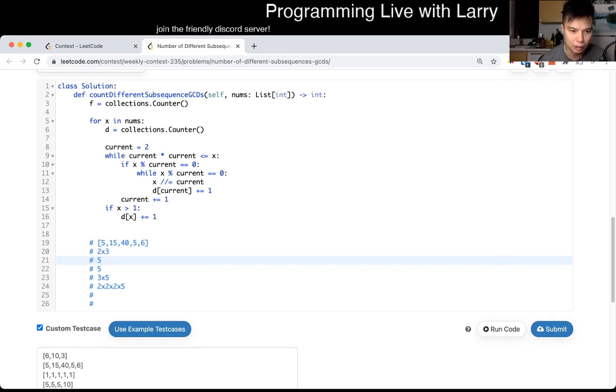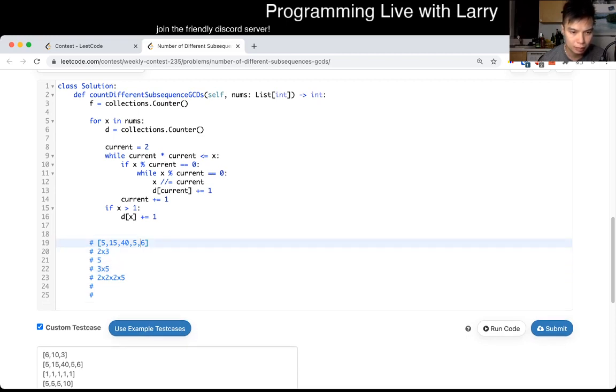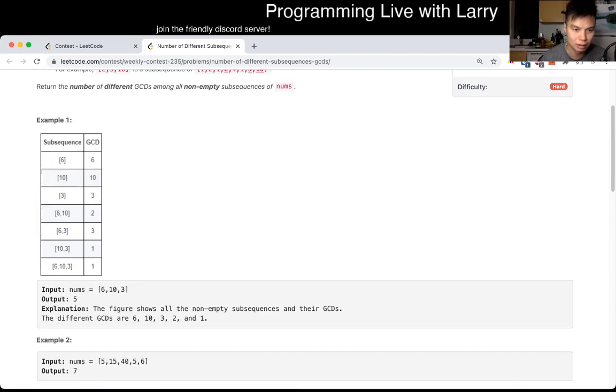We could just remove this, I guess. No, 2 is an answer, 3 is an answer, 5 is an answer. What are the other answers? Oh. It's 15, 40, and 6, and 1.